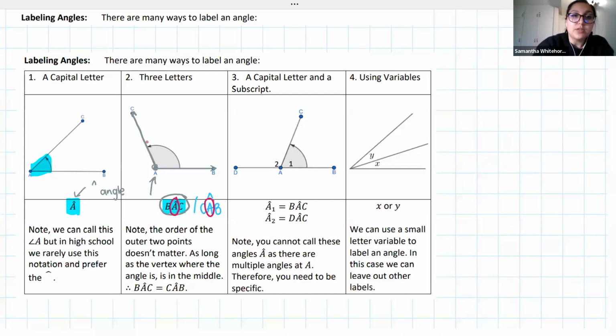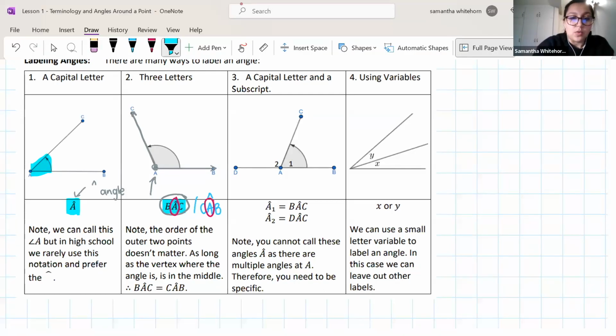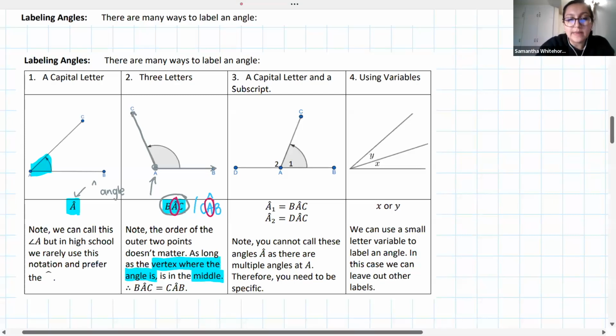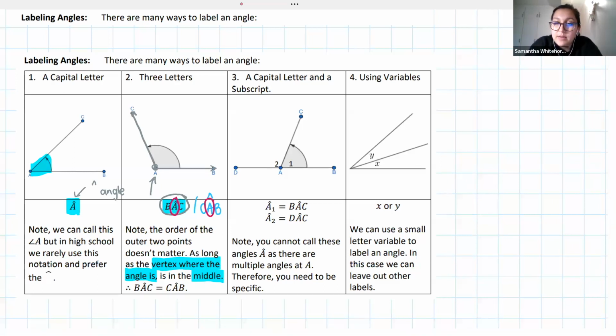So you can put the other 2 letters in any order you want, but the vertex where the angle is, that is always in the middle. And you can see that in both versions. So this 3-letter way of labeling an angle is just following the arms. B to A to C creates my angle. You put a hat on top of where the angle is, and that must always be in the middle.